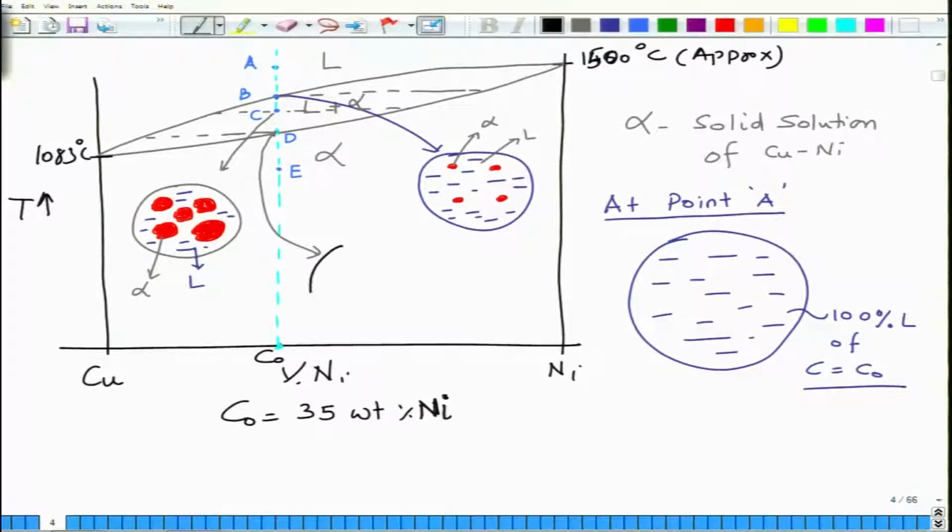At point D, if you look at the microstructure, nearly everything is converted into alpha. So you have very large grains of alpha. So this is all alpha, which has grown very big.